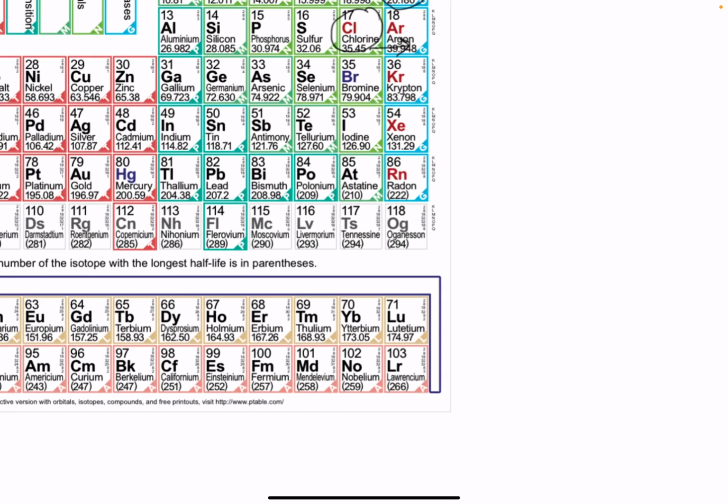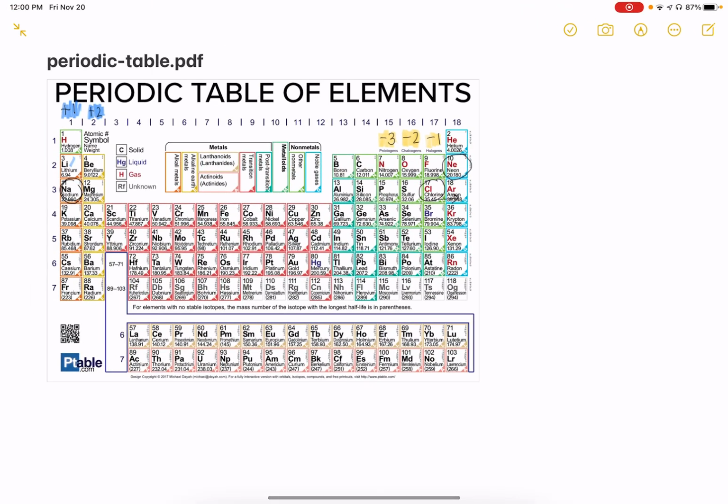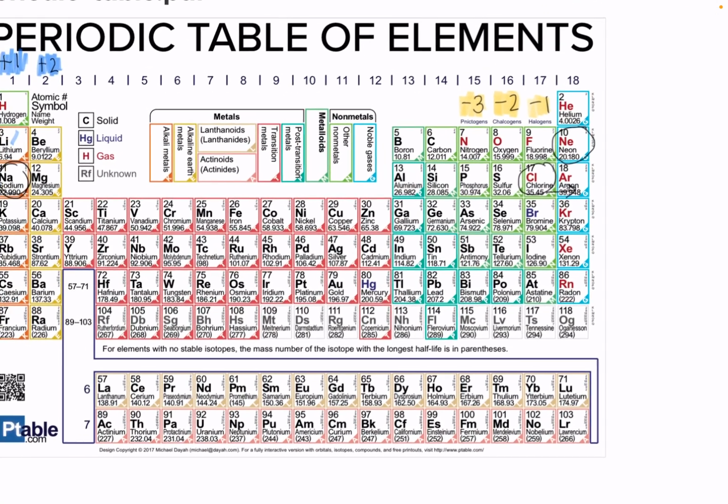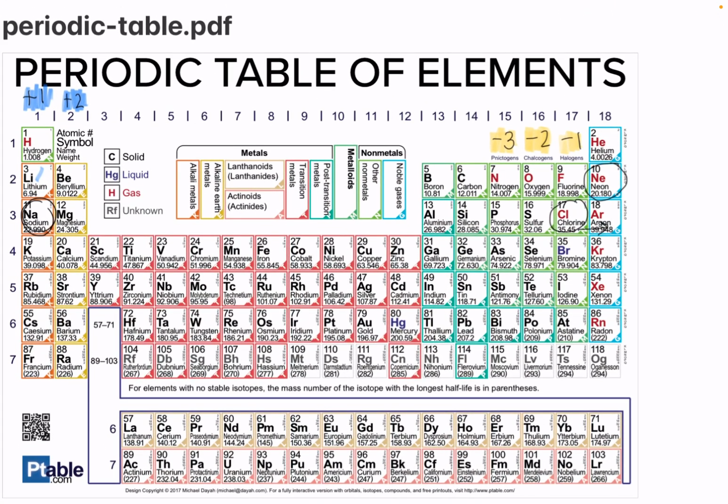Remember when I told you the first row has +1s, the second one +2s, and you see those charges that I've got over here? Those are going to come in handy right now. Magnesium is way over here, in the +2 row.